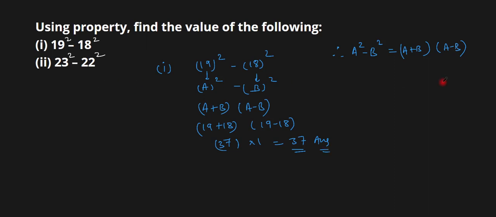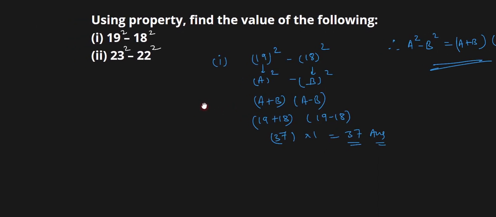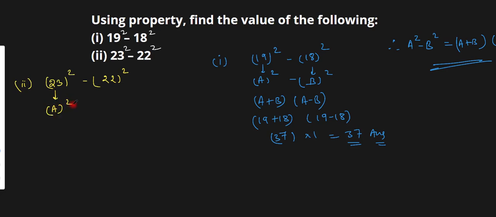Okay. Now using the same identity, you need to solve 23 square and 22 square. So I'll change the color. So 23 whole square minus 22 whole square. This is the second part. Let's say this is a square, this is b square.